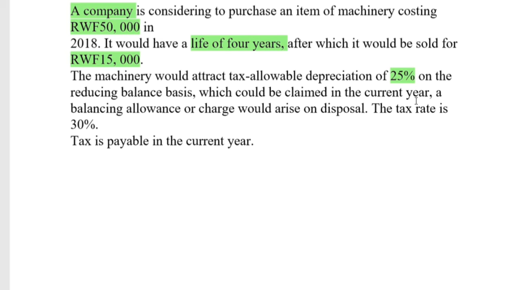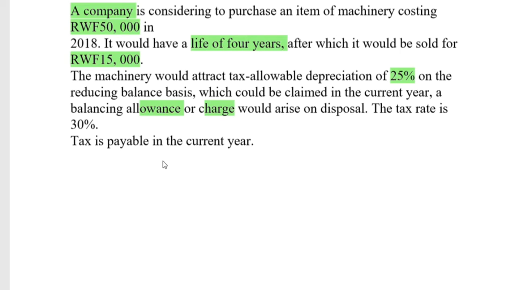At the end of 4 years, we will have a balancing allowance or charge. The tax rate is 30%, payable in the current year.